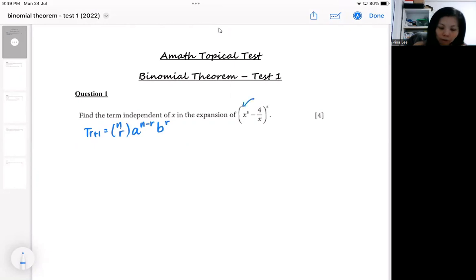And then from here, you can tell that A is x power 5, B is minus 4 over x. But you do need to convert this to a little bit of indices. And then the power here is 6. So you plug in the value of A, B, and n. So I will plug in.